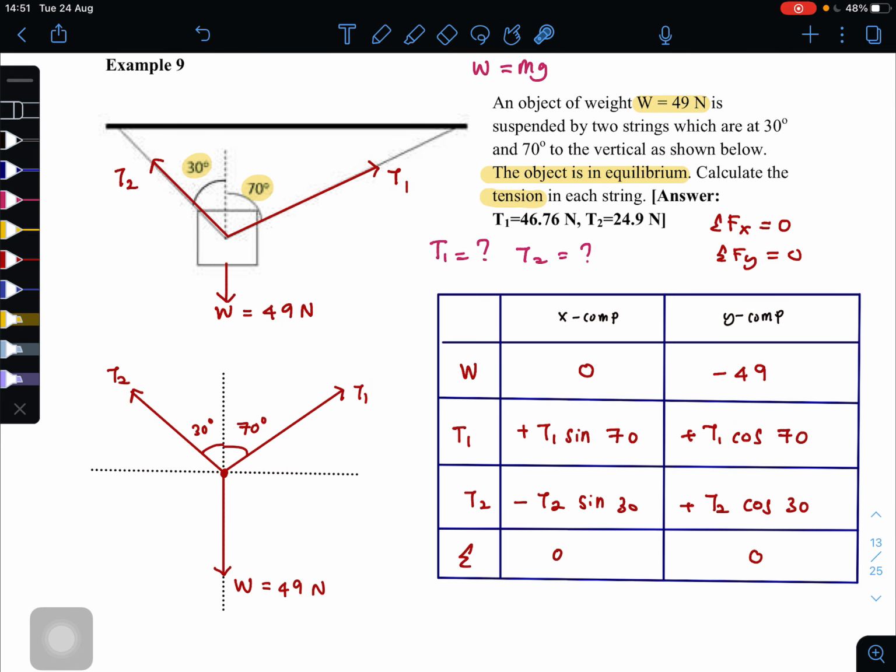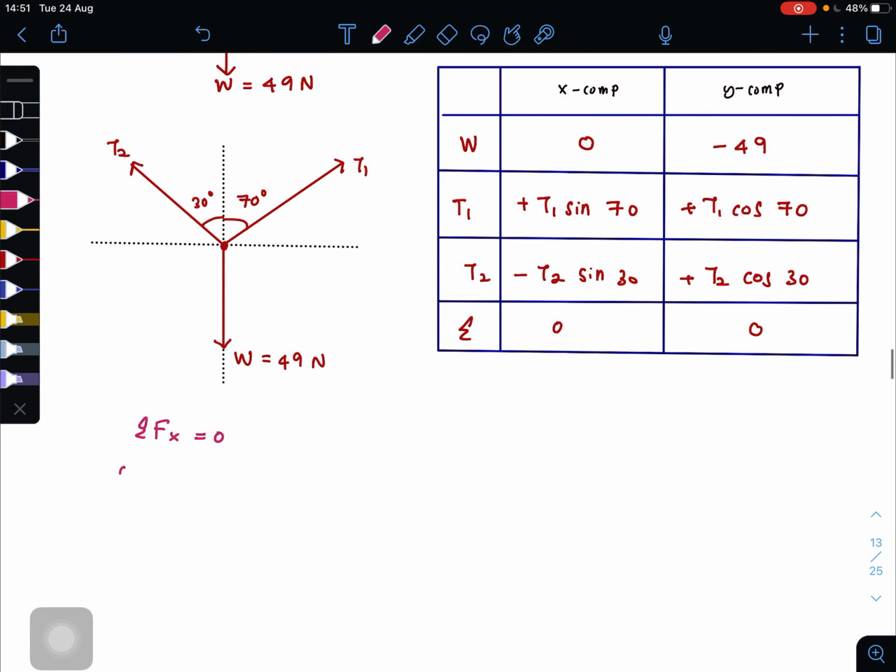So we will write out the equation for the x component and y component. Fx equal to 0. So we have 0 plus T1 sin 70 minus T2 sin 30 equal to 0. First equation. And then Fy equal to 0.